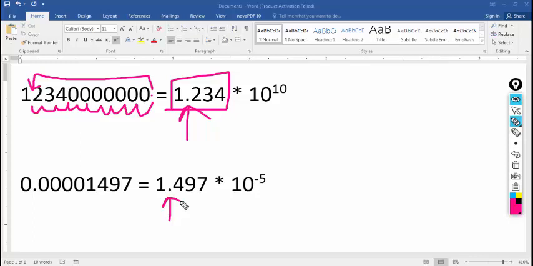So the most important rule while writing numbers in the scientific notation is that you must have only one digit to the left of the decimal point. Coming back to our example, our number has become 1.234.